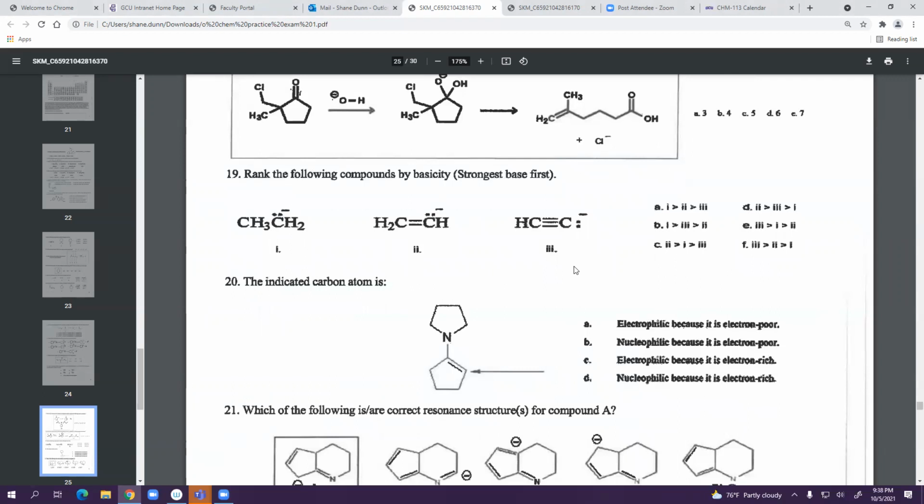19, write the compounds by basicity, strongest base first. Is the triple bond happy? Yeah, right? It won't break the triple bond, correct? Thus, it's stable. Does that make sense?